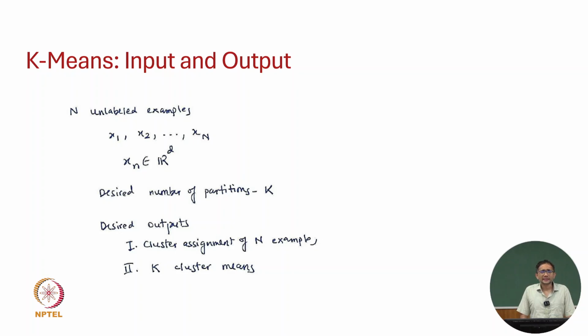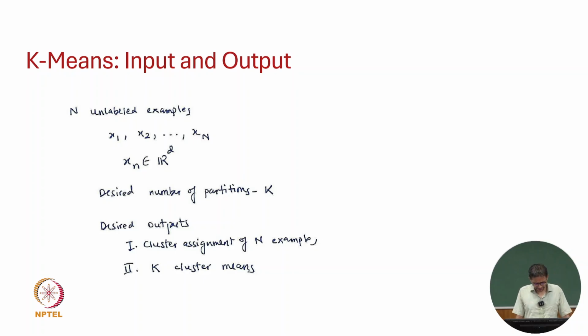There are two outputs. One is the cluster assignment of all the n examples. All of these n data points will be assigned to one cluster, and since we are partitioning into k clusters in total, we have k cluster means, each mean representing a cluster.